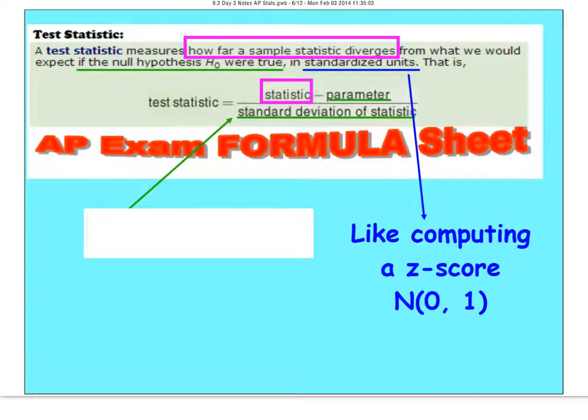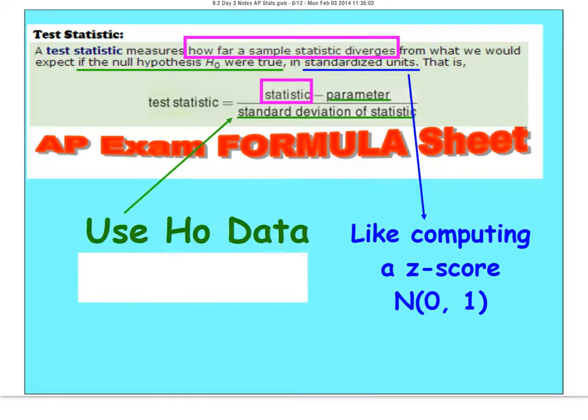What it looks like is something like a z-score, where we take our statistic minus the parameter, over the standard deviation of the statistic. The statistic is basically our p hat in this case, minus the parameter, which becomes the null hypothesis value.